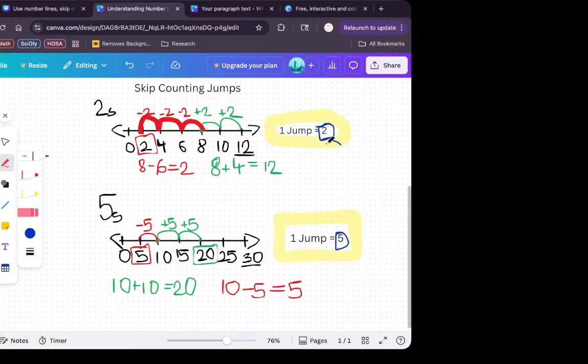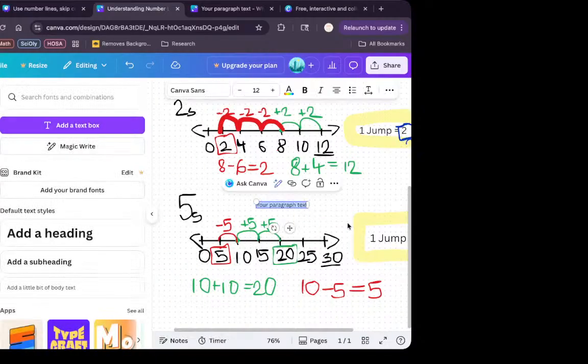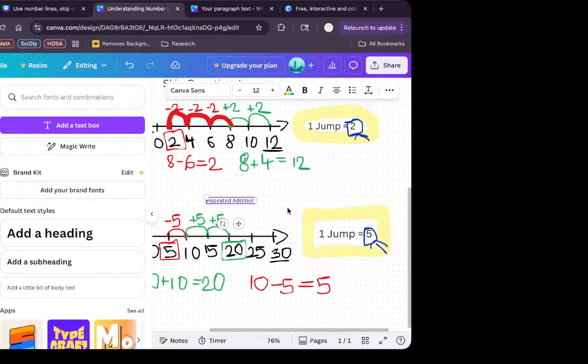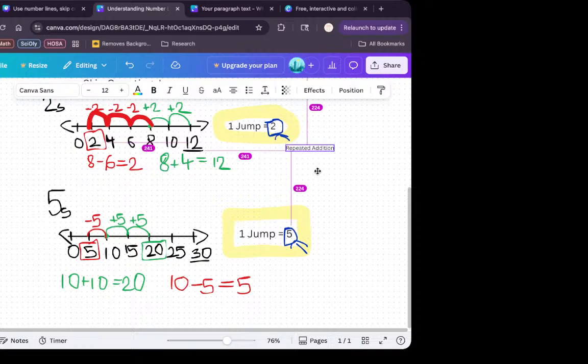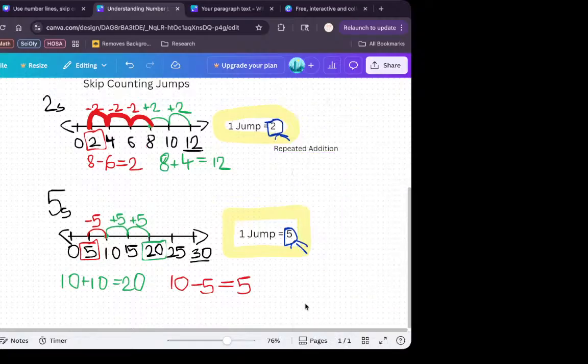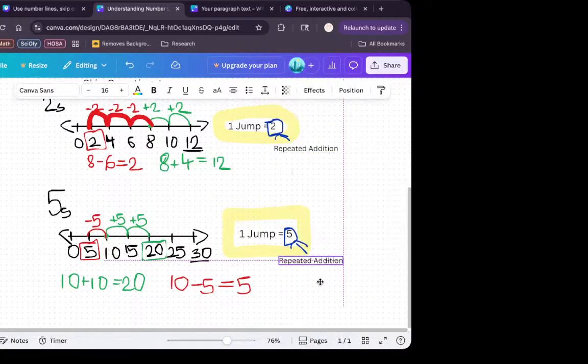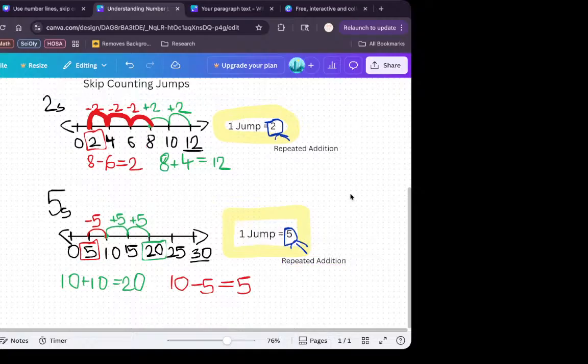Here, I will label this for you. Repeated addition. Repeated addition right here. Okay?